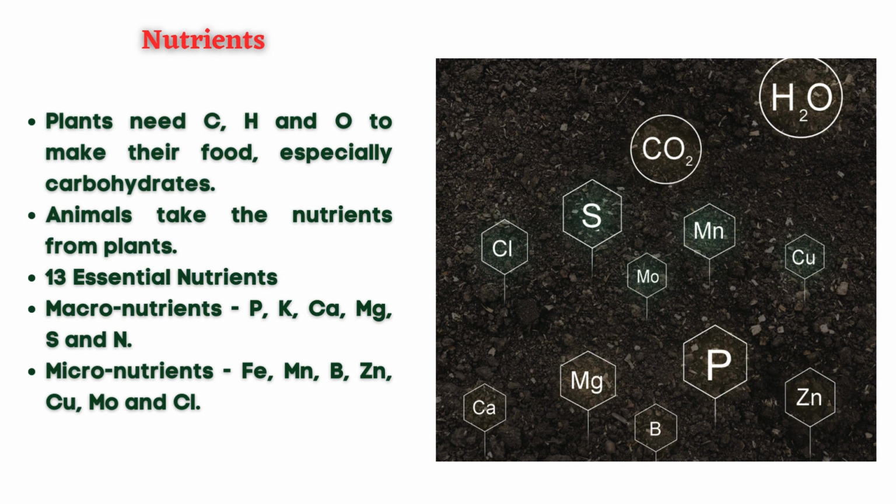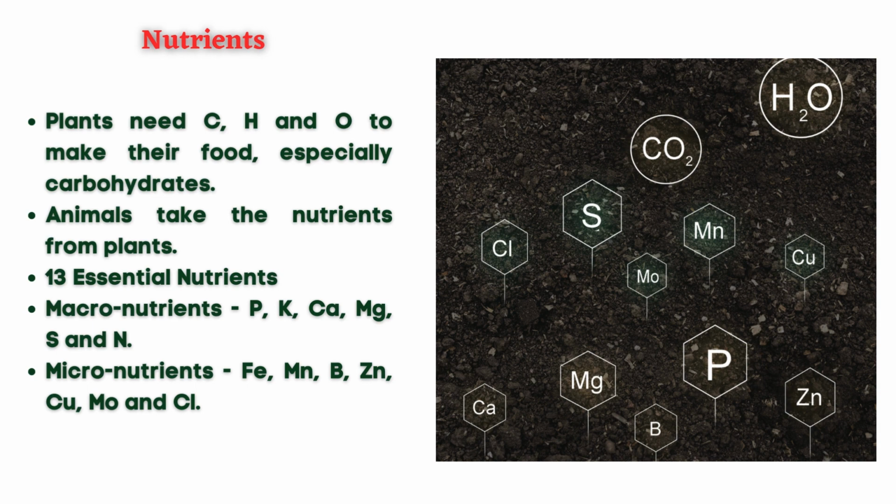As I already suggested, there are 13 essential nutrients. And what are those 13 essential nutrients? We can classify them into two: macronutrients and micronutrients. Macro means in large quantity. So the nutrients which are required in large quantity are called macronutrients, and the other 7 which are required in small quantities are called micronutrients.